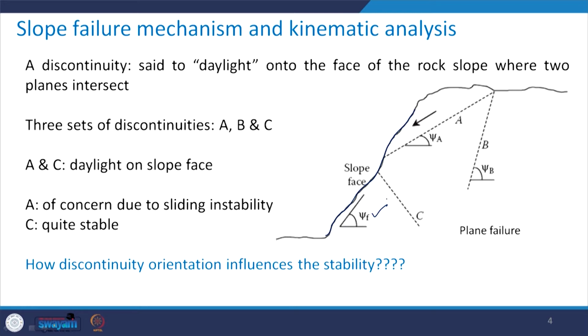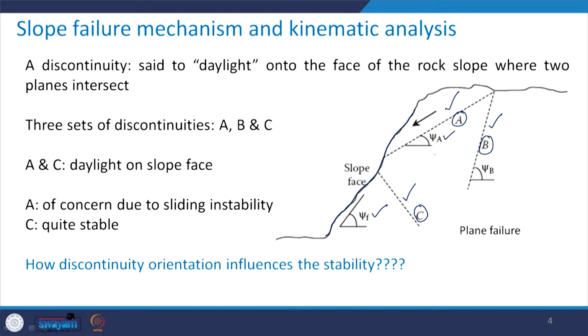You can see the three dotted lines, first, second, and this is the third one. These are representing three sets of discontinuities, and we have named them A, B and C. Now, this set A, that is discontinuity set A, has a dip of psi A, again same definition, angle with a horizontal.